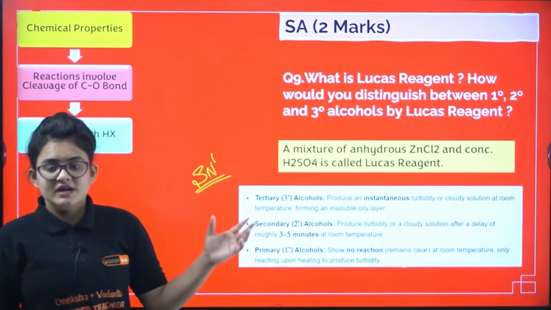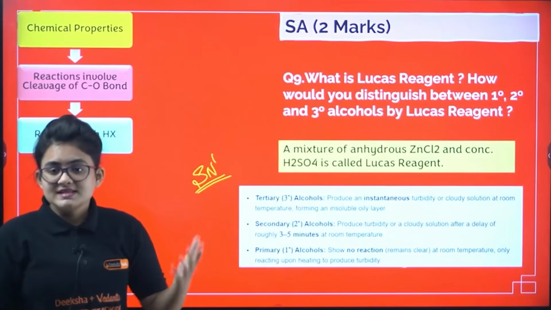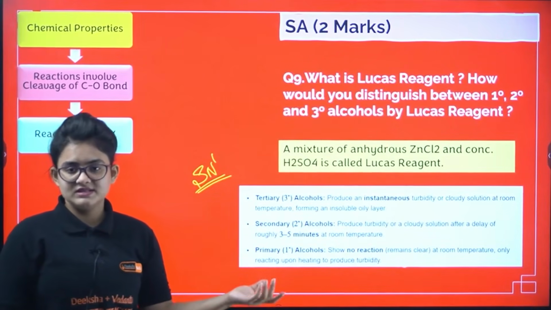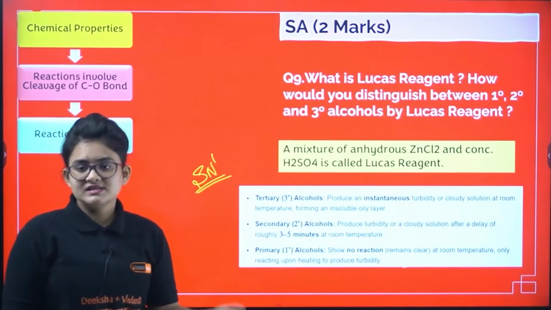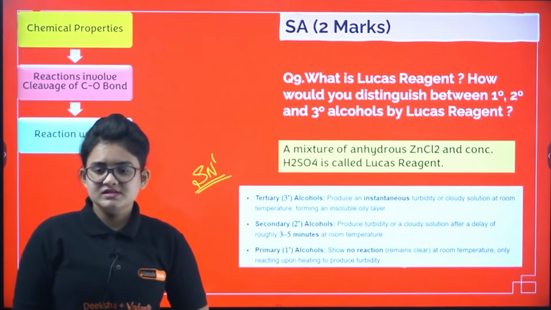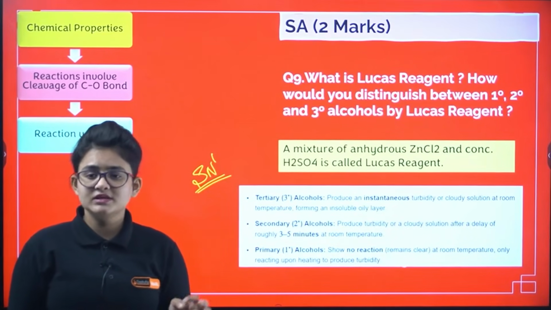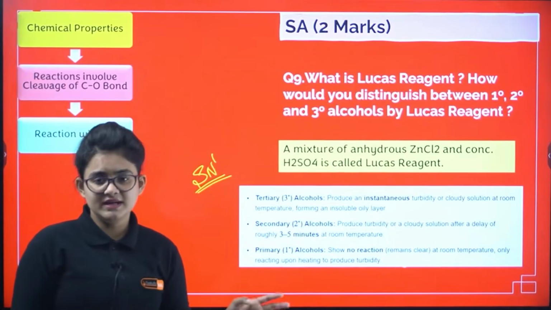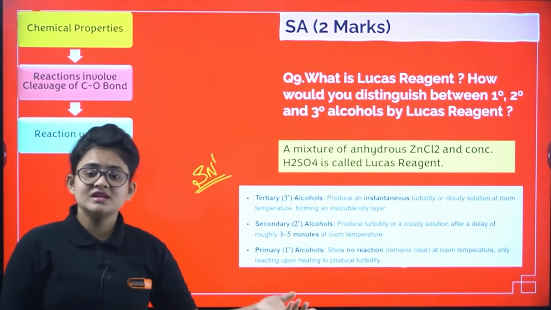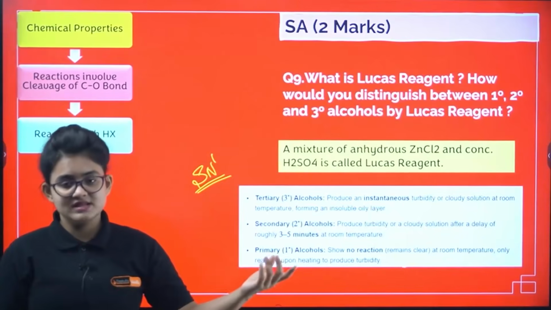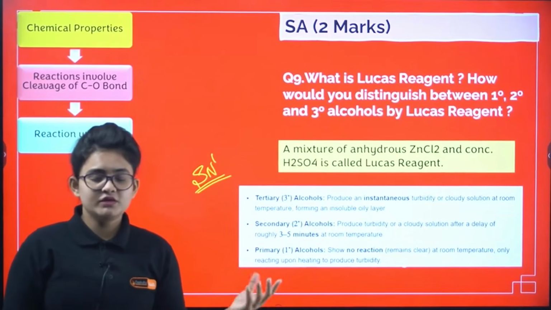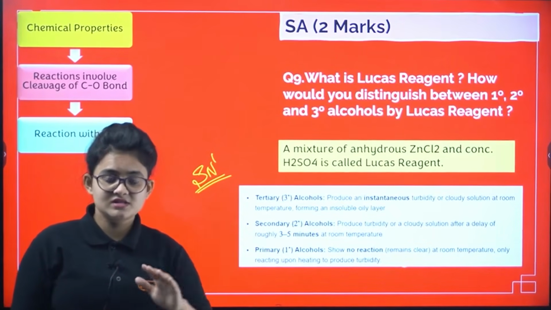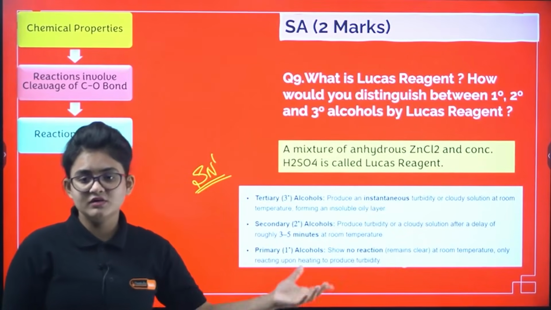Secondary alcohol gives turbidity within 3 to 5 minutes, and primary alcohol doesn't react, meaning the reaction is very slow at room temperature. If you heat it, the reaction will take place. So if you get instant turbidity, it's 3 degree. If you wait 3 to 5 minutes, it's 2 degree. If no reaction occurs at room temperature, it's 1 degree.